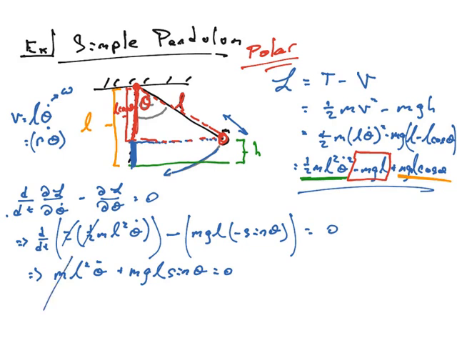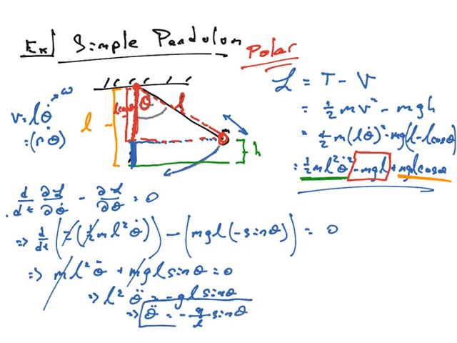Assuming the mass is not 0, I have L squared theta double dot equals minus gL sine theta. Dividing the L squared over, I've got theta double dot is minus g over L sine theta.